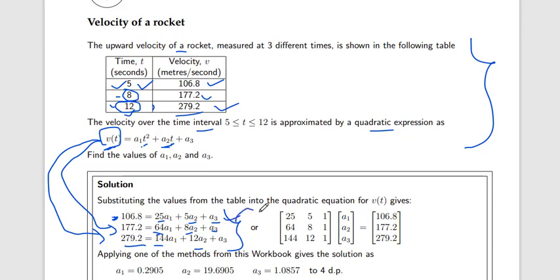First we transform this into matrix form, an augmented matrix. Here the first row has coefficient of a1 25, coefficient of a2 5, coefficient of a3 1.